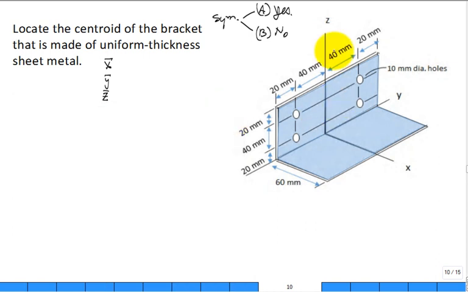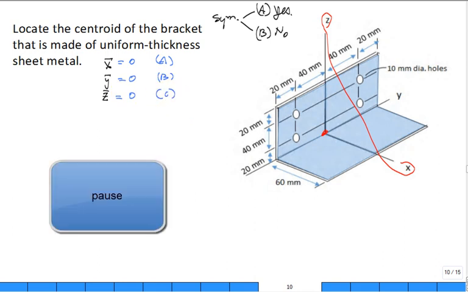And it's symmetrical about which plane? The XZ plane, isn't it? If I cut it at the XZ plane, it goes through the origin, and I flip it back and forth, it's symmetrical. So with that, I'll ask the question, is either x bar equal to 0, answer A, or y bar equal to 0 because of symmetry, answer B, or z bar equal to 0 because of symmetry, answer C.